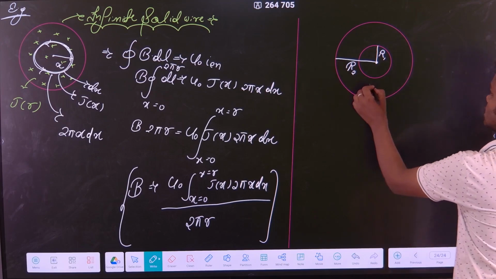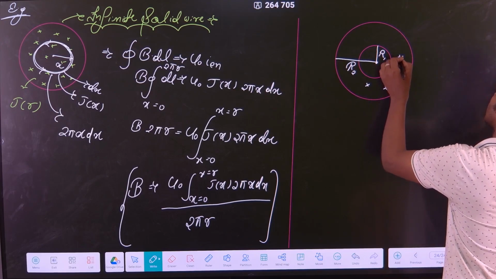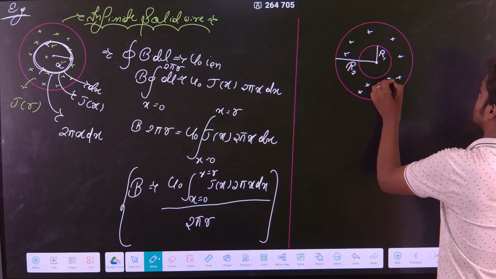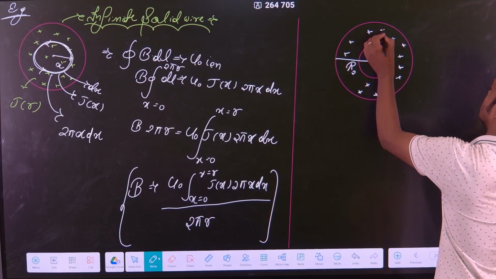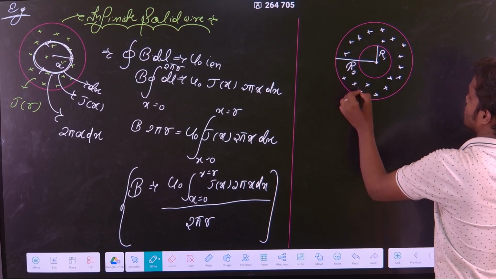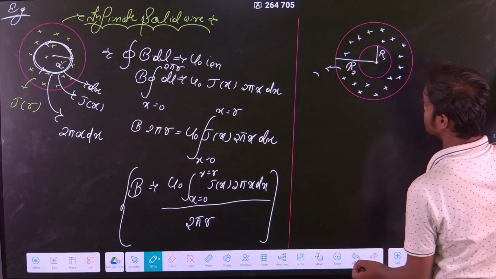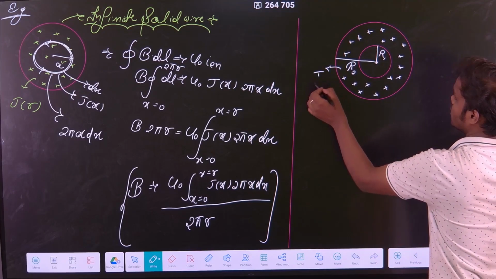Now the current is going inside like this, and the current density is J, a uniform current density, obviously.